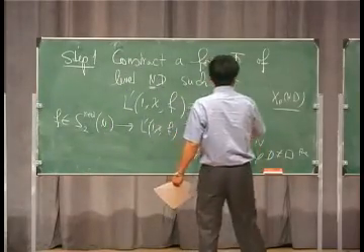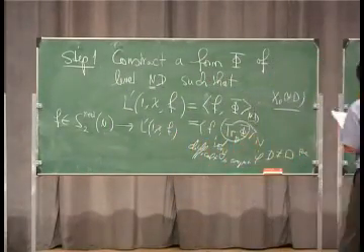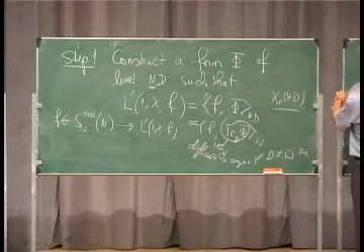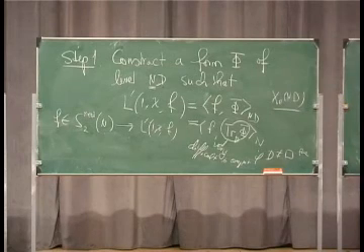Since this is level ND instead of n, what's going on is that, let pi of f be the space of automorphic forms generated by f and the Hecke operators.